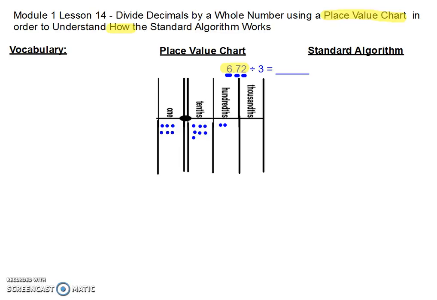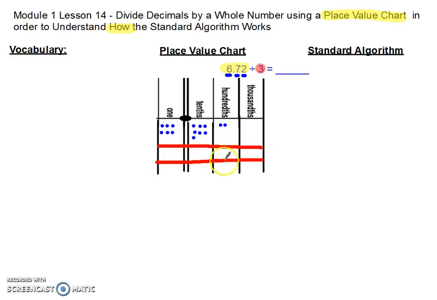The next thing you want to do is draw how many groups you are dividing your decimal into. And here, we are dividing it into 3 groups. So I'm going to draw groups down at the bottom of my place value chart.